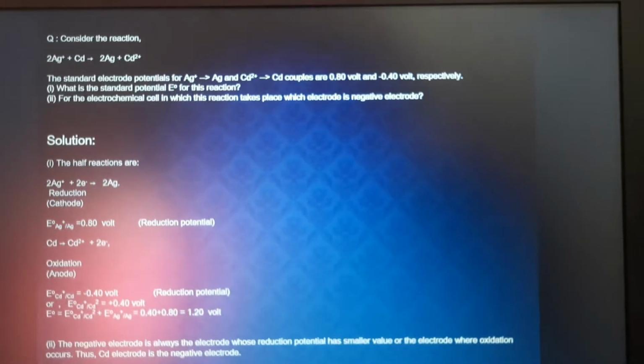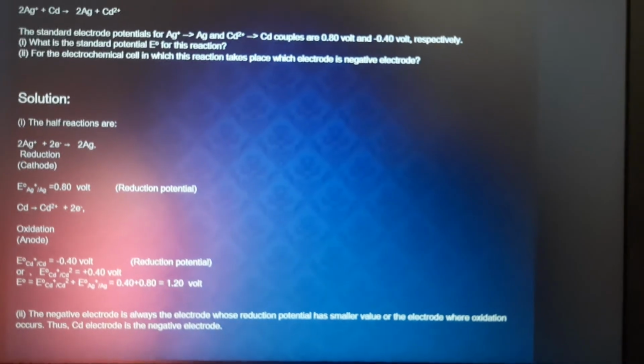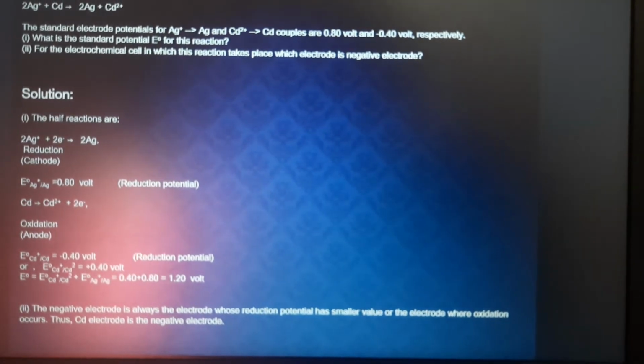So we have to determine the negative electrode and the reaction. So first of all, the first problem is very much simple.